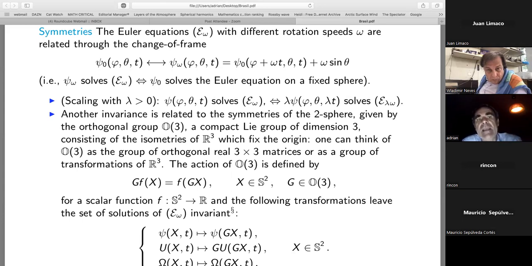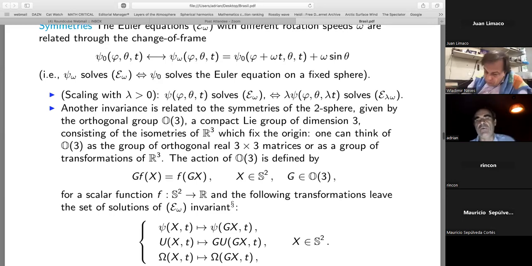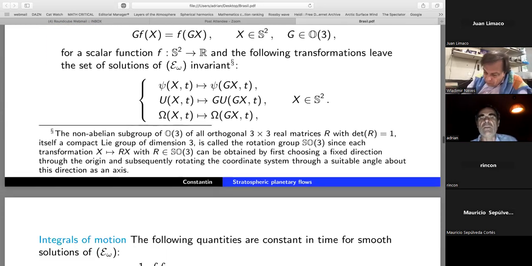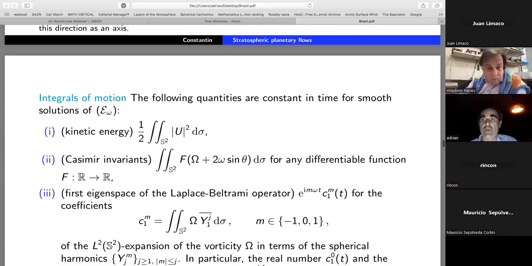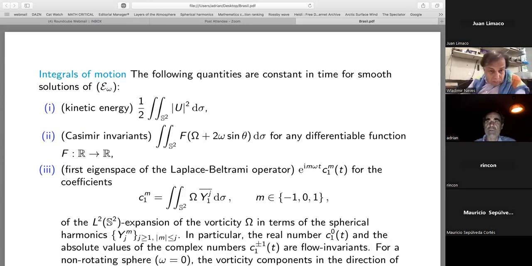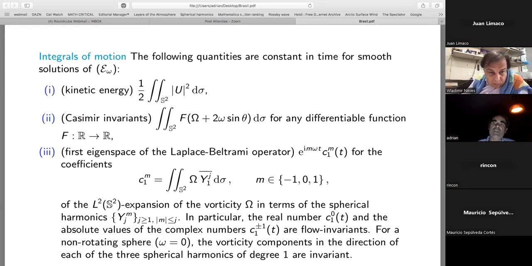Then there is a scaling invariance, and there is another invariance related to the symmetries of the sphere. This is the orthogonal group, and this is how you can obtain them. So what I'm looking for now is conservation laws. There is a correspondence between conservation laws and symmetries. So what are the known conservation laws? Well, the first one is kinetic energy, which takes this form.